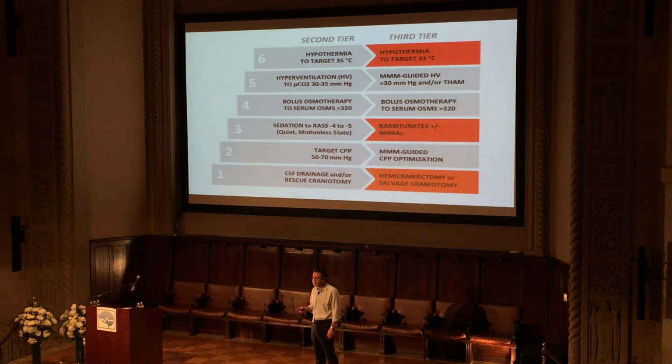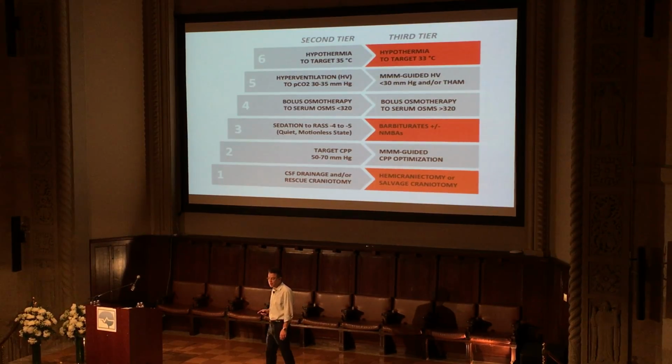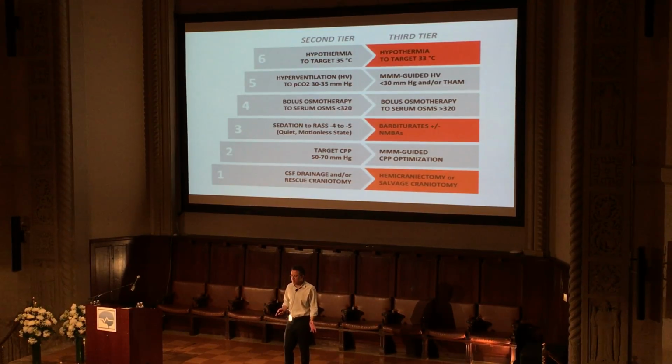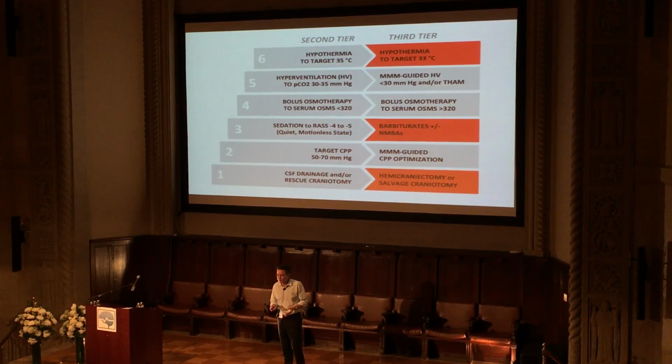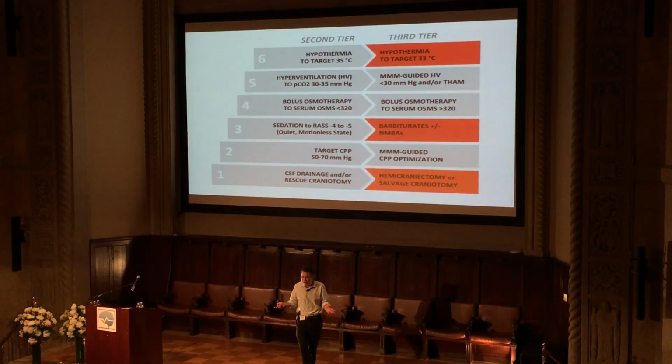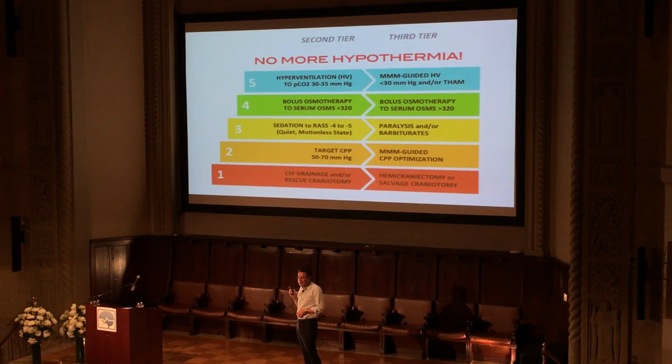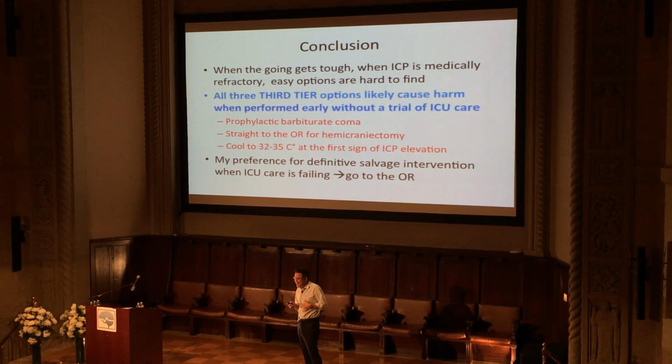If you're really losing the battle and you're starting to paint yourself into the corner of ICP checkmate, and I have lost young people this way, where effectively we took hemicraniectomy off the table, and I've lost people where you get that sort of rebound effect in the osmotherapy, or hypothermia, and every time you try to back off, that type of thing. So my personal bias is for doing craniectomy.